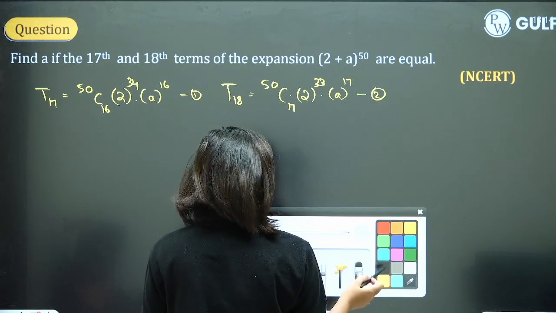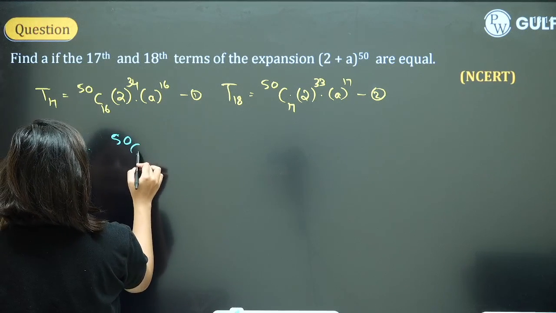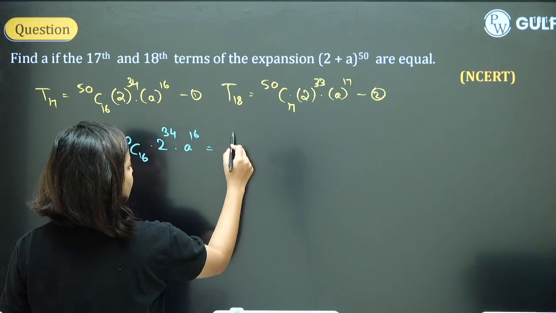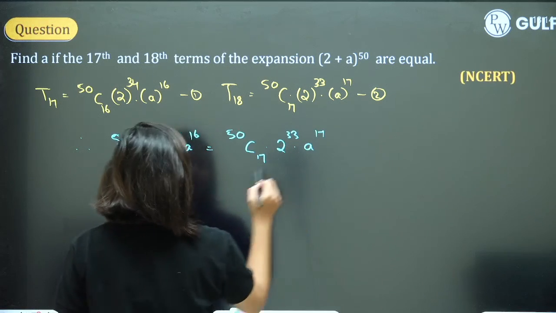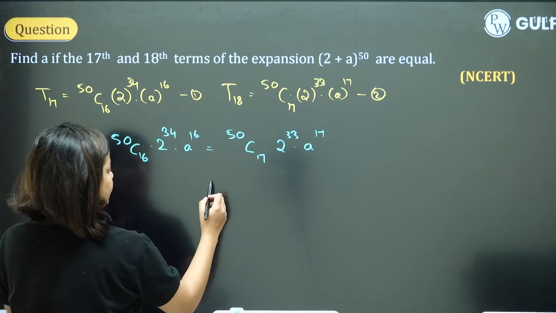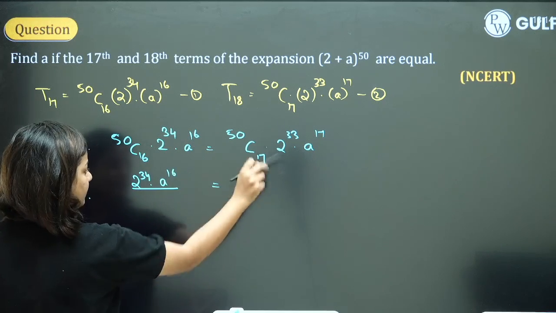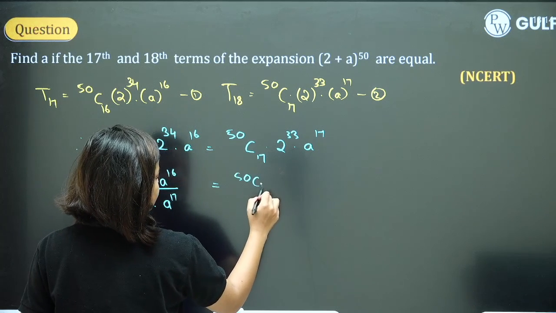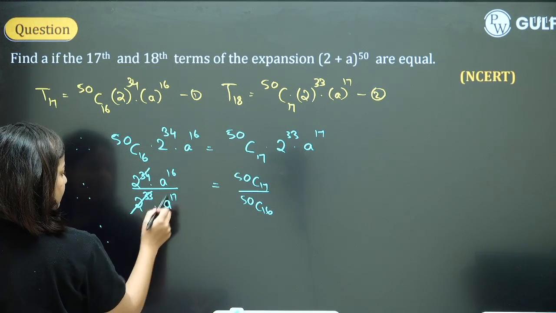We have been told that they are equal. 17th and 18th terms are equal. Therefore, 50C16, 2 raised to 34, a raised to 16 is equal to 50C17, 2 raised to 33, a raised to 17. If I take the 50C16 to the other side, 2 raised to 34, a raised to 16 upon 2 raised to 33, a raised to 17 is equal to 50C17 upon 50C16. This cancels.